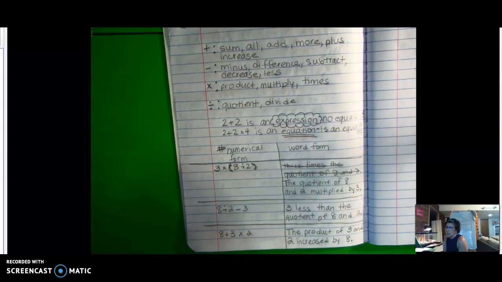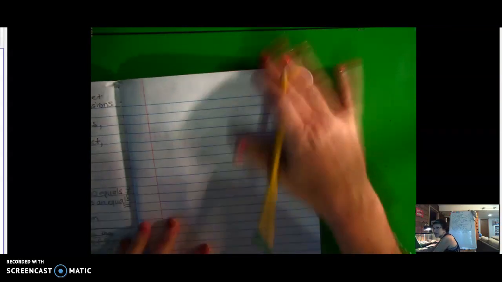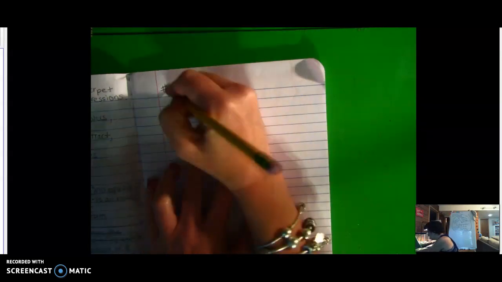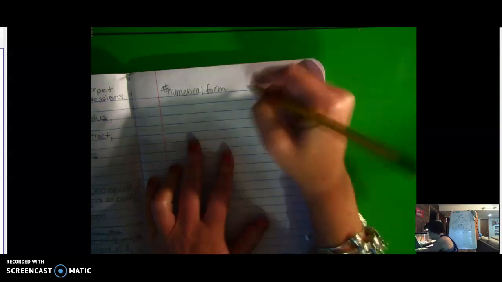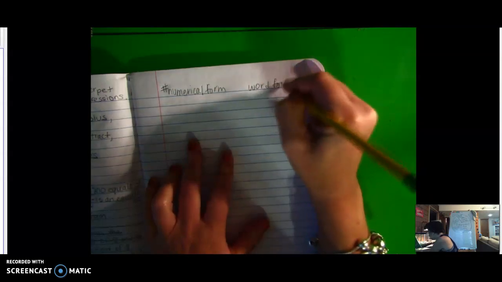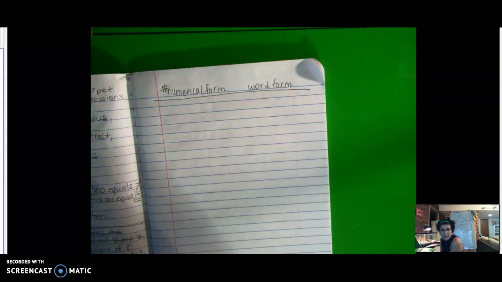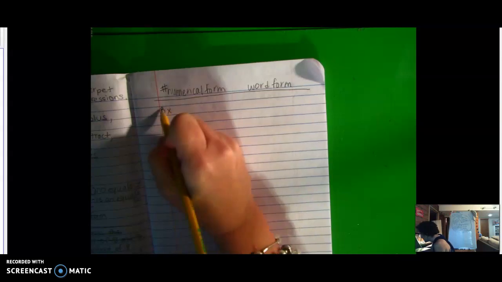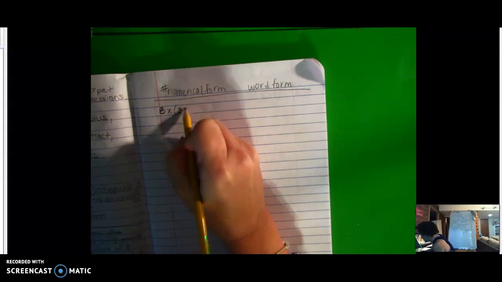What if we try one more with parentheses? Let's bring my book down over here so you can see my other side. We've got our numerical form and our word form. And we've got 8 times, parentheses, 3 plus 2.